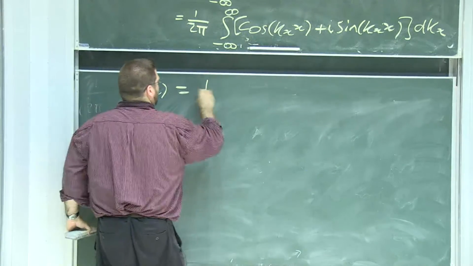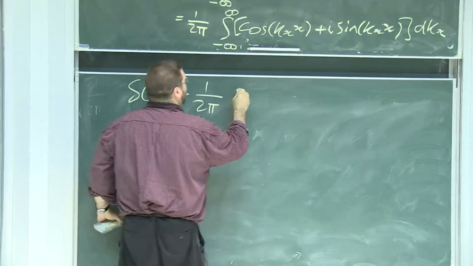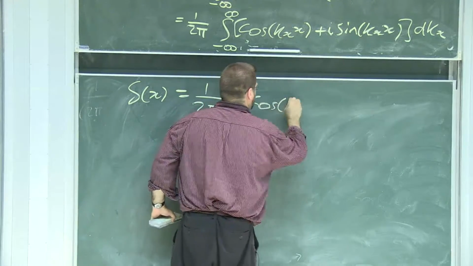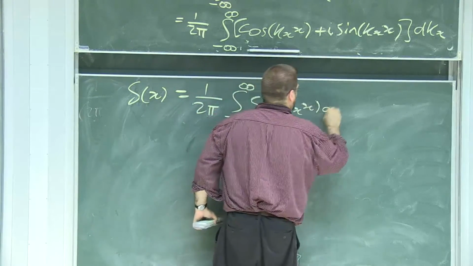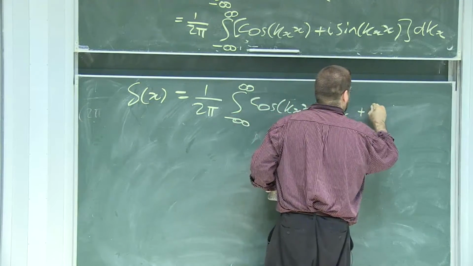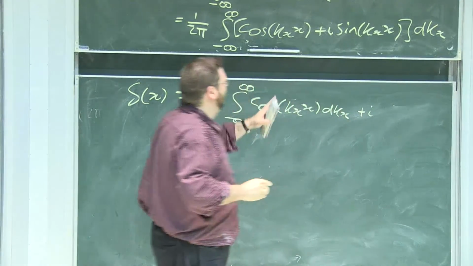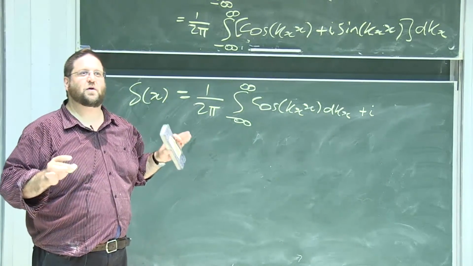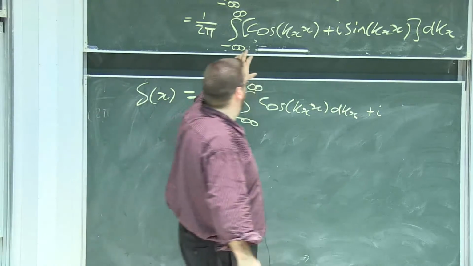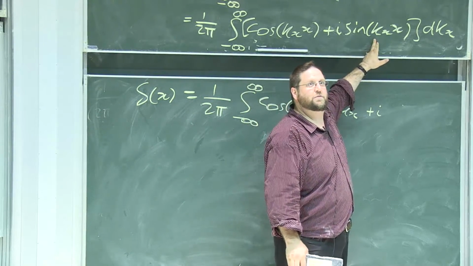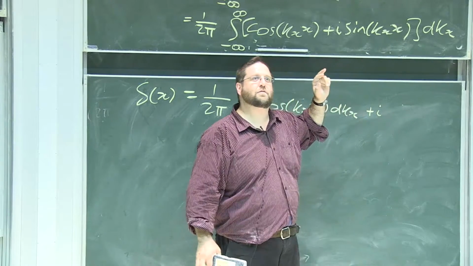There's a real part, which is 1 on 2 pi times the integral of cos. And then there's an imaginary part. And I'm actually losing interest as I write, right? This imaginary part, I don't ever want to write it down. Why not? Why don't I want to write down the integral from minus infinity to infinity of sine kx dkx?